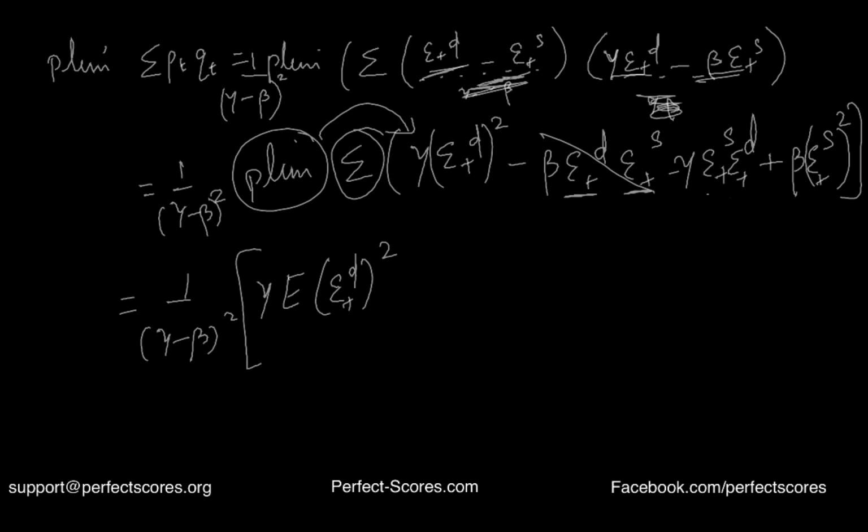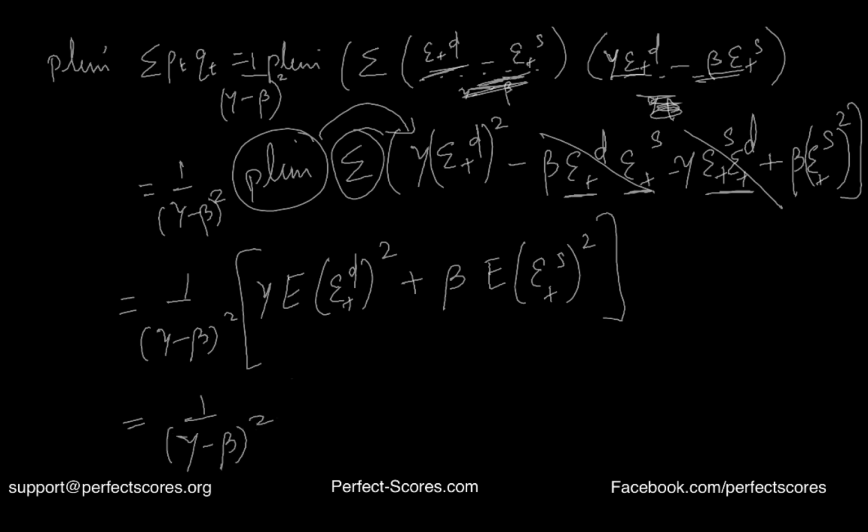What is the expected value of this into this? Again, that goes to 0, plus beta times the expected value of error term of supply whole square. So that turns out to be 1 over (gamma minus beta) whole square, that is gamma into sigma demand square plus beta into sigma supply square. So this is what the numerator goes to.